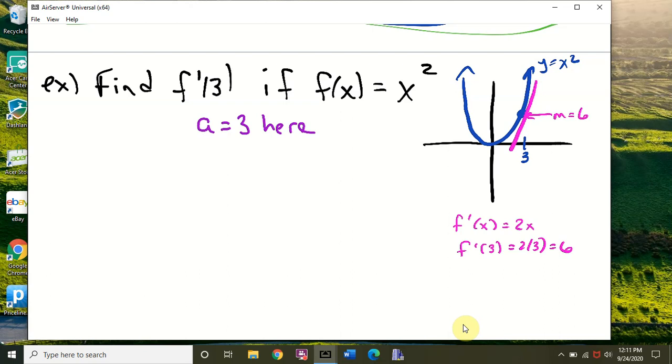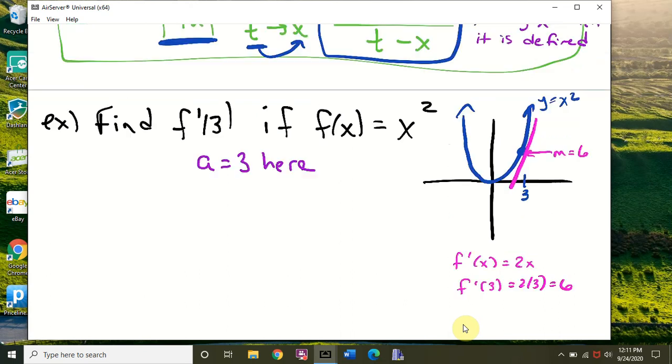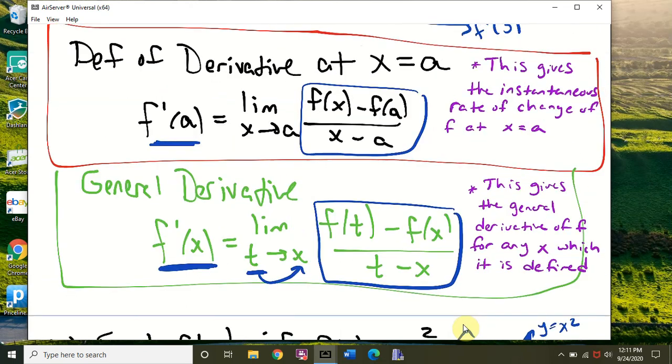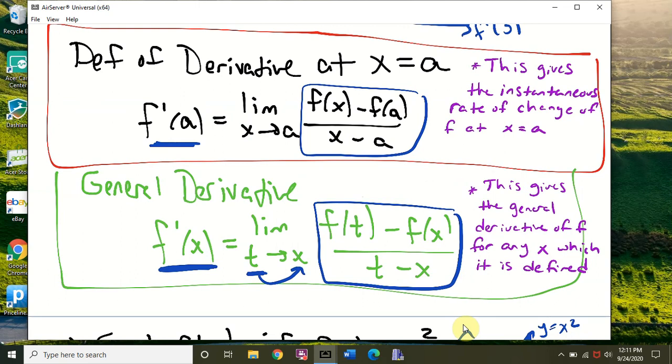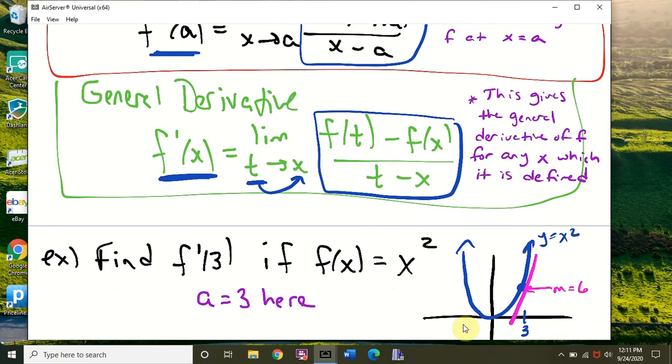Okay, but how do we actually use the definition of derivative to do that? Well, first thing we're going to do is decide which of these forms we are going to use. Here, we want f prime of a value, so we're going to use this top form at x equals a. So in this problem, the number 3 is our value of a here.